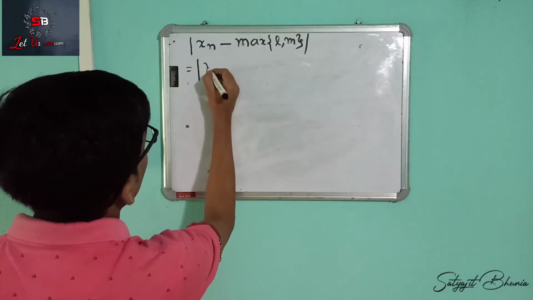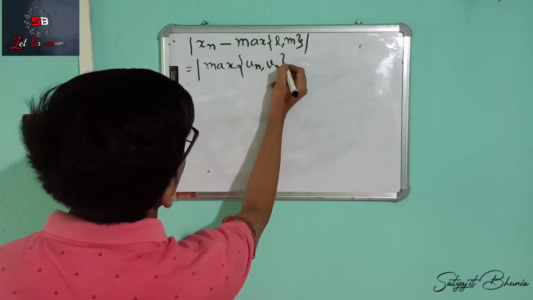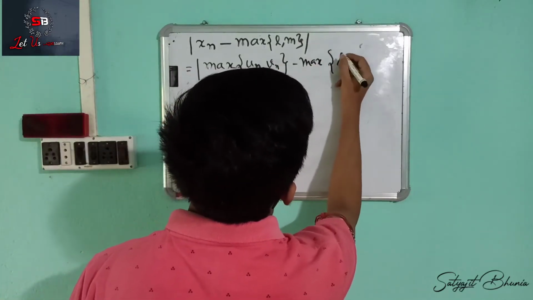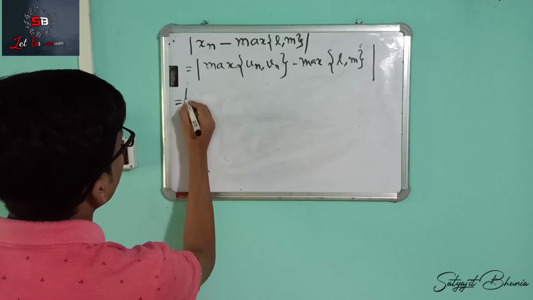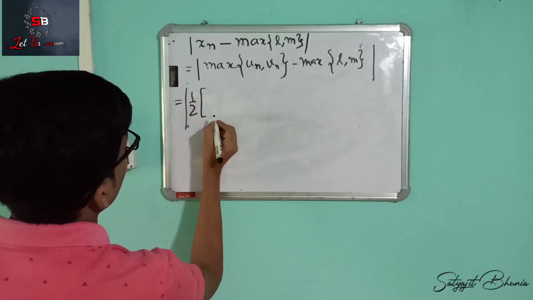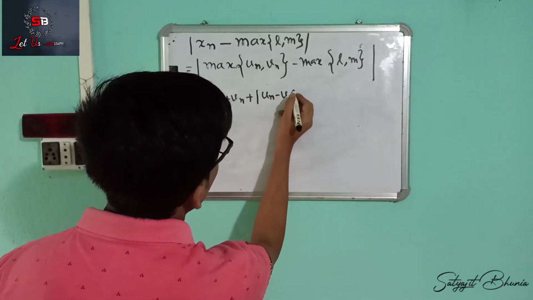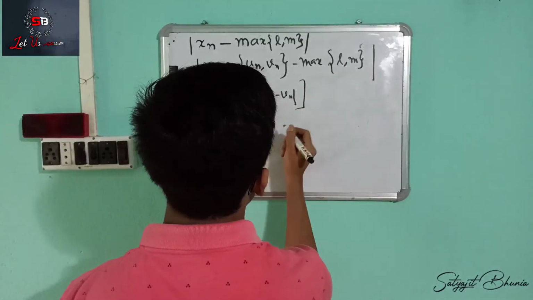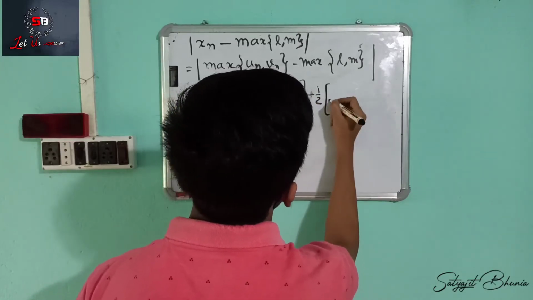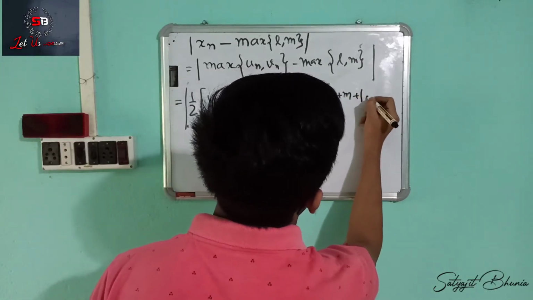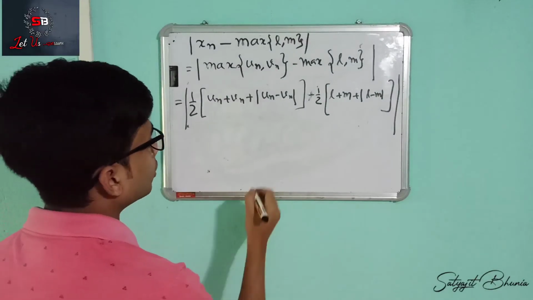Again, what is xn? xn is equal to the maximum of un and vn, and we compare with the maximum of l and m. We can write this as half of, mod of un plus vn plus mod of un minus vn, minus, similarly, l plus m plus mod of l minus m, whole mod.